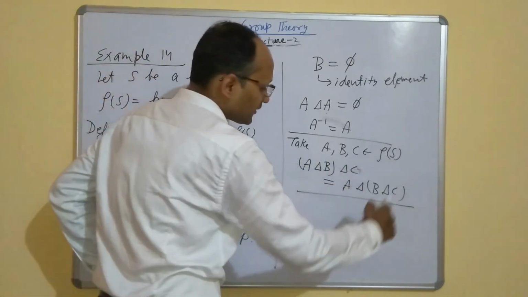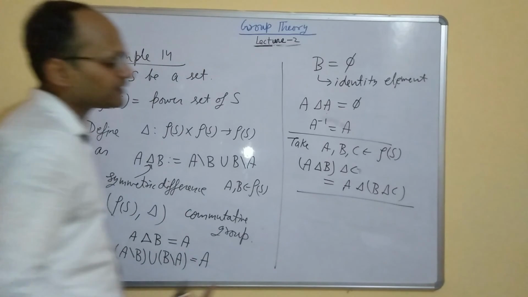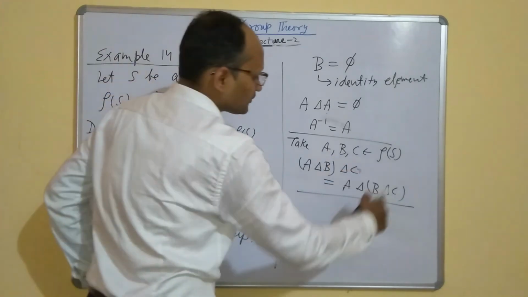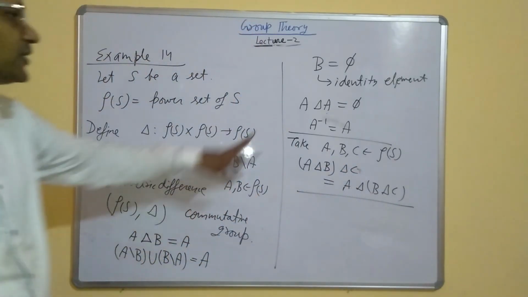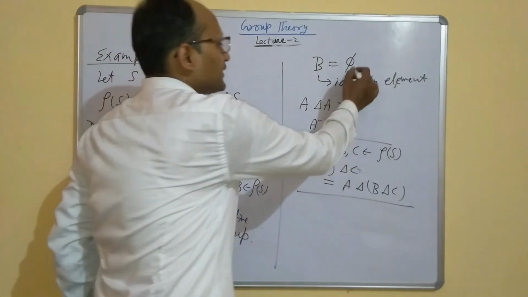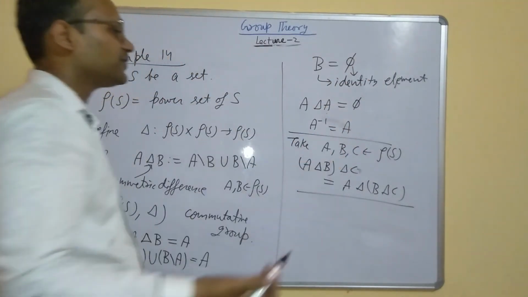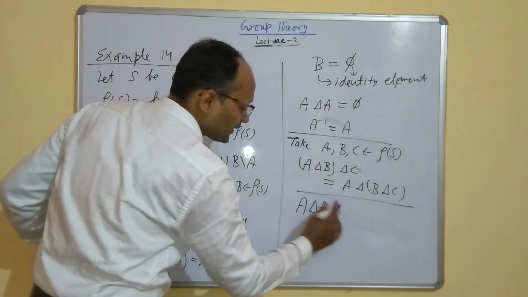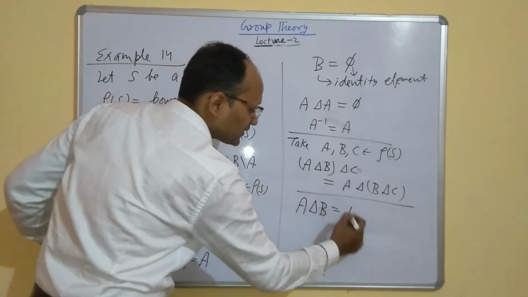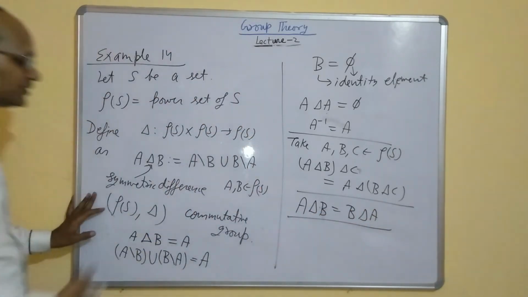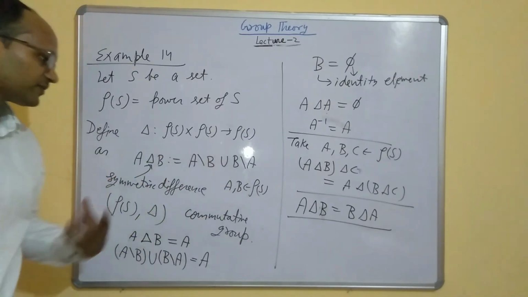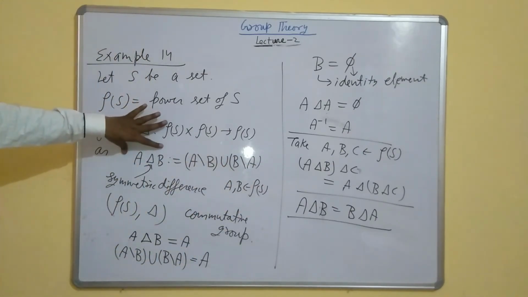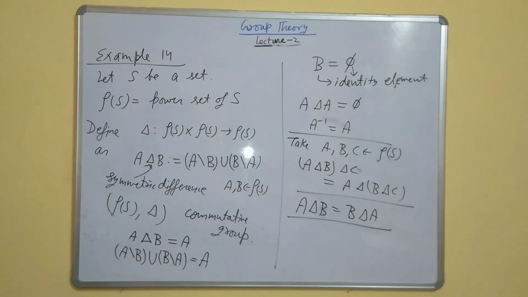So you make the Venn diagram for this and this, you will get that the shaded parts are equal, so both will be equal, and there is a proof for it. So this operation is associative. Phi is working as the identity element, and each element is self-inverse, and of course by definition it is commutative because A symmetric difference B is same thing as B symmetric difference A, because it is the union of A minus B and B minus A, so both are same thing. Either you write A before or B before. So this is an example of a commutative group.